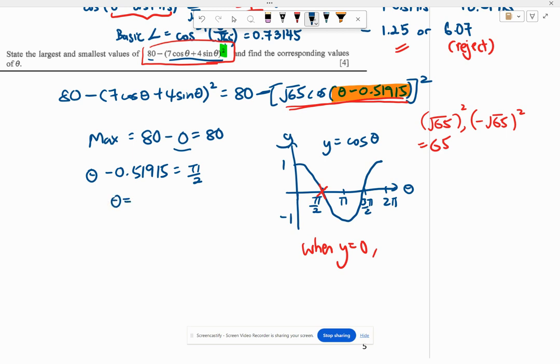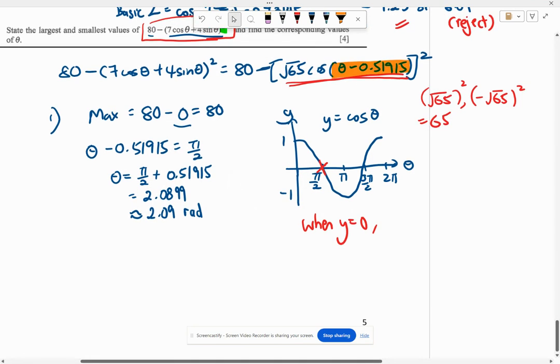Then theta, you can do the manipulation. And then press the calculator, you get, round off to 3 SF for radian. So we will solve for the first one, the largest or maximum value.